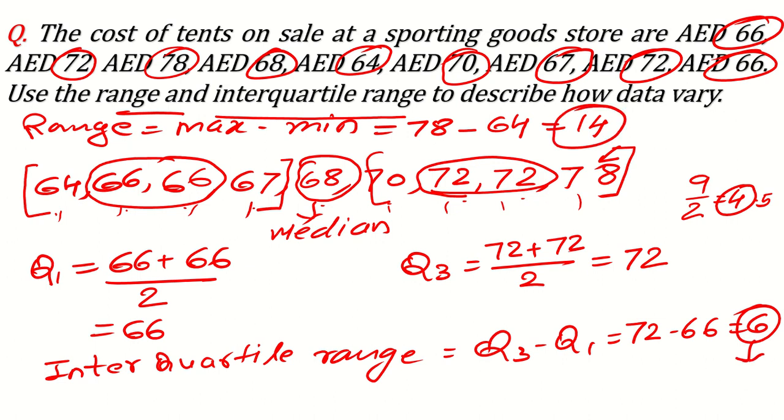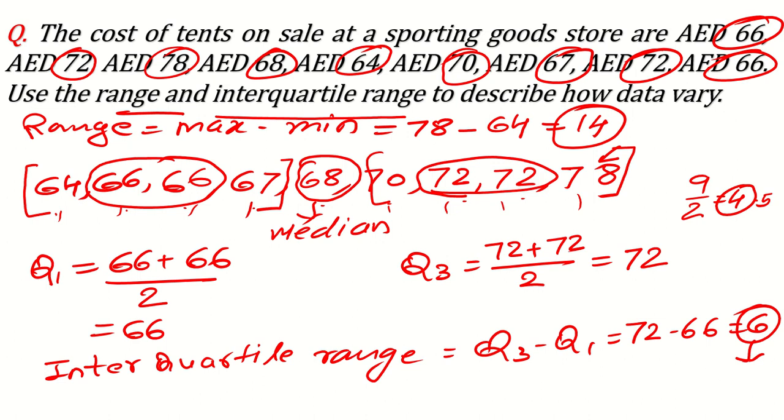Why is it so? Because interquartile range is the more accurate thing to describe the data. Why? Because interquartile range defines the middle half, the middle numbers. It shows how the middle numbers are related or deviated from each other, whereas range shows the maximum minus minimum.